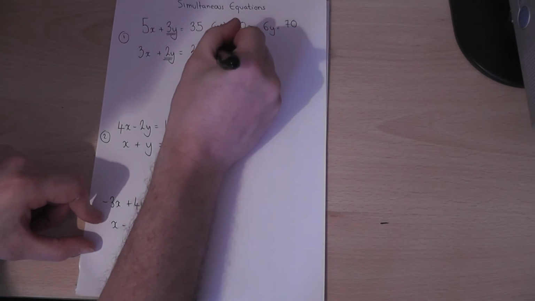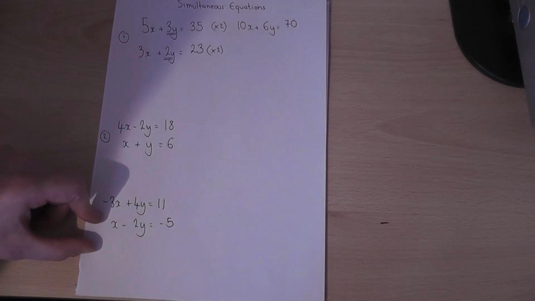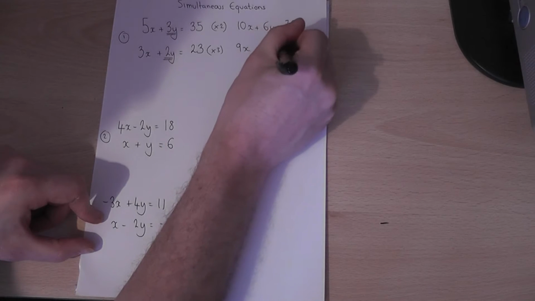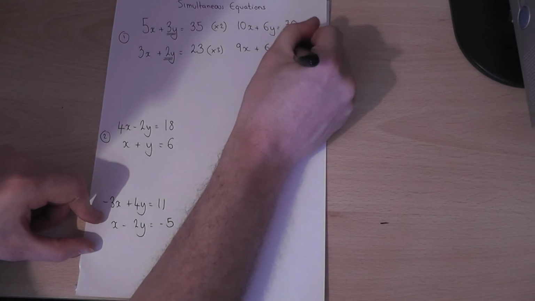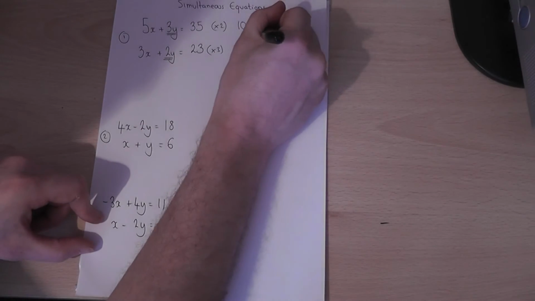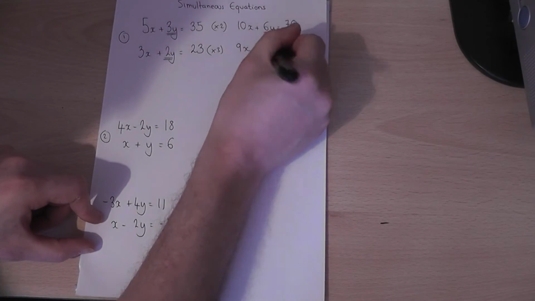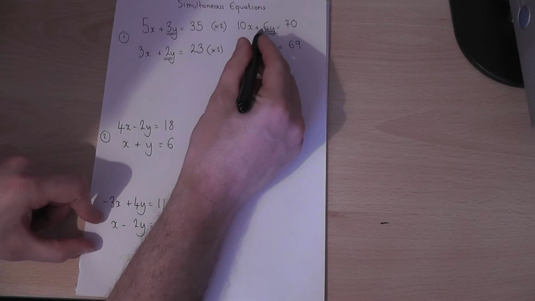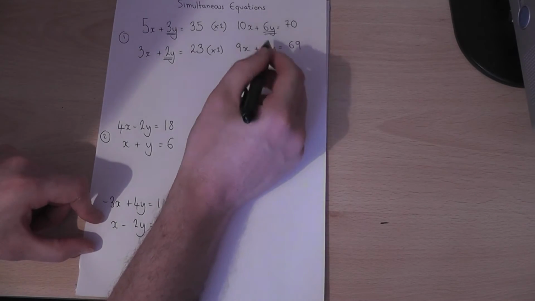If I then triple the second equation, I get 9x plus 6y equals 69. So I now have the same number of y's in both equations. Now, I've got a plus 6y and a plus 6y here. They have the same sign.